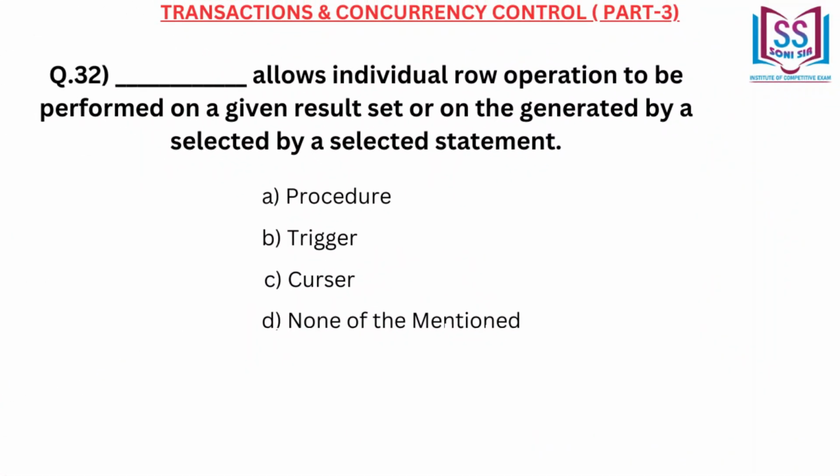Dash allows individual row operation to be performed on a given result set or on the result generated by a select statement. A. Procedure. B. Trigger. C. Cursor. D. None of the mentioned. Correct answer C. Cursor.